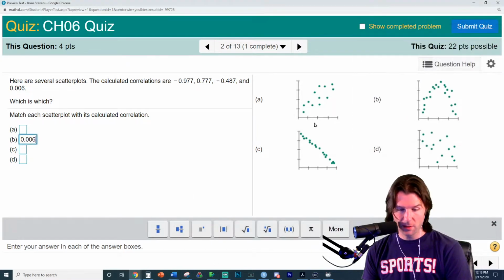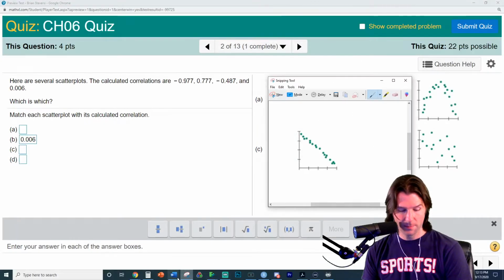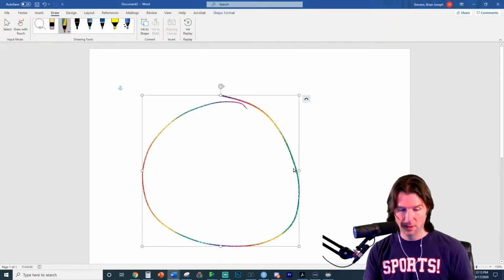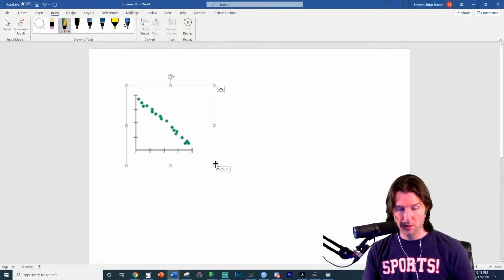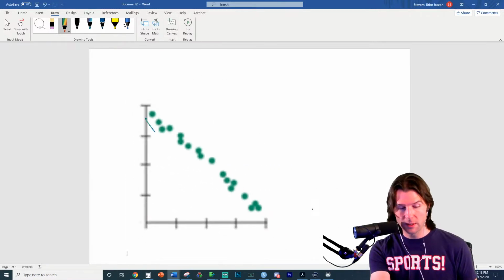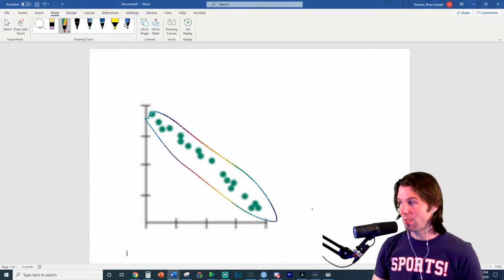The easiest one to do next is this one right here, answer C. If you take a look at it, it looks most like a -1. So we'll go here to our little drawing, and we'll delete everything, even Rainbow Pen. Sorry, Rainbow Pen. We'll draw around it again, and if you look, it looks like a -1.